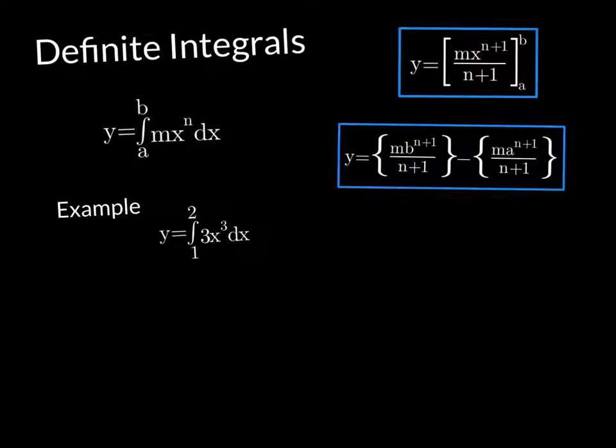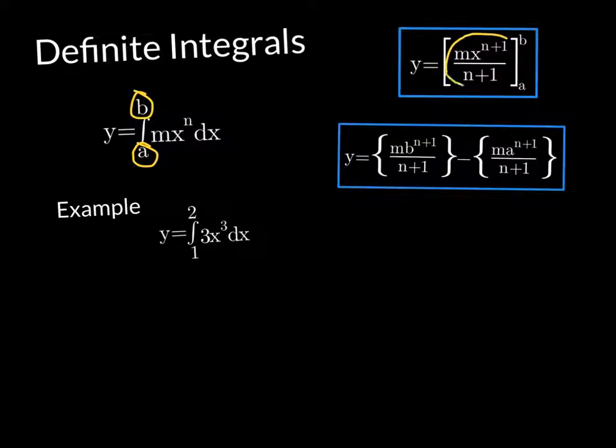Now we want to integrate m times x to the power of n, but we have an upper limit of integration b and a lower limit of integration a, above and below the integral symbol. Again, we're integrating with respect to x. So our integral is then, as before, equal to m times x to the power of n plus 1 divided by n plus 1.